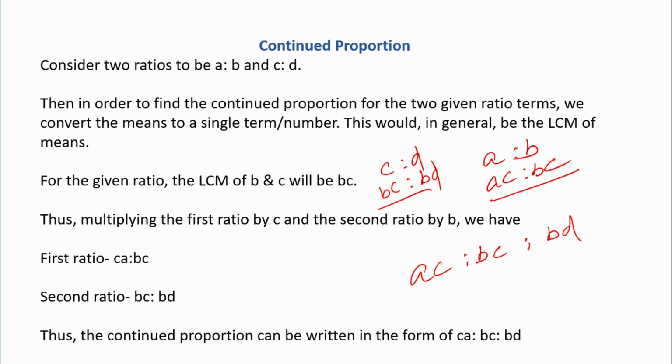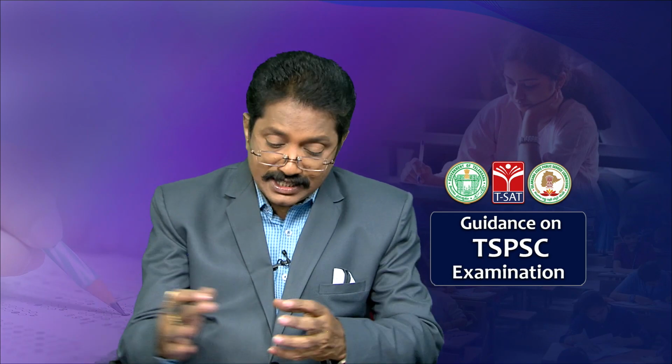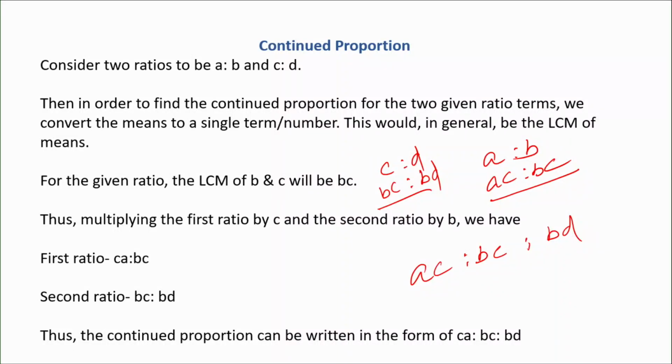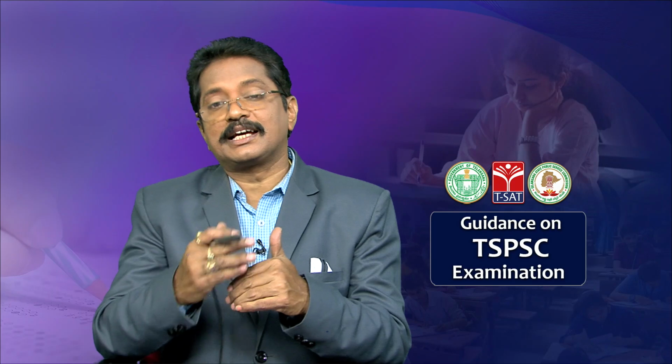A is to B is one ratio, C is to D is another ratio. By considering these two ratios, we make a continued ratio: multiply A is to B with C, then it becomes AC is to BC, multiply C is to D with B, then it becomes BC is to BD, then it becomes AC is to BC is to BD. Clear? In this manner, you can say a continued proportion.